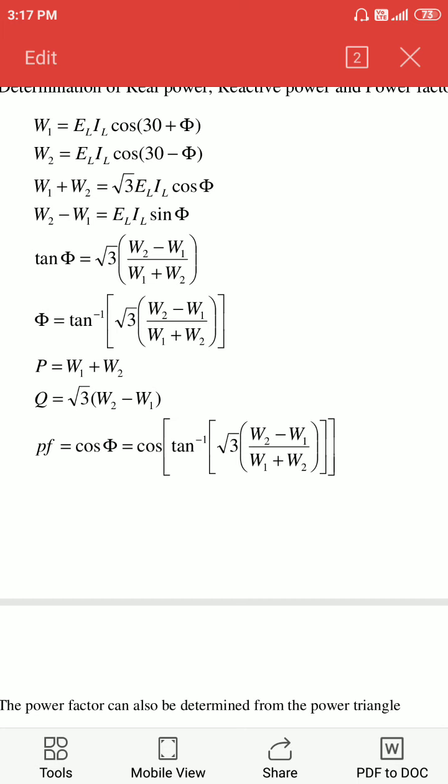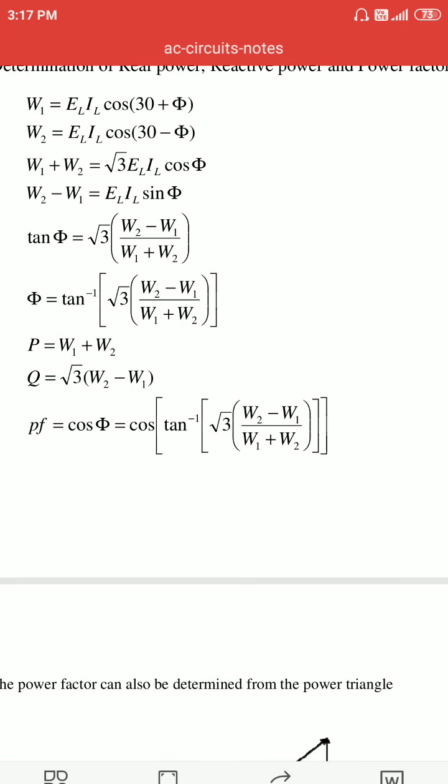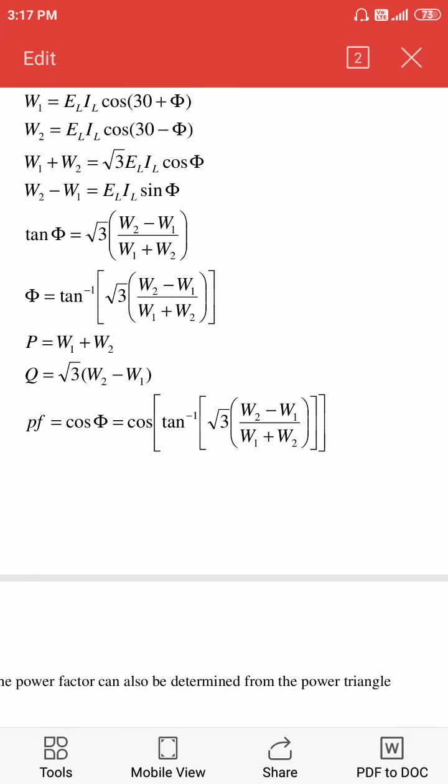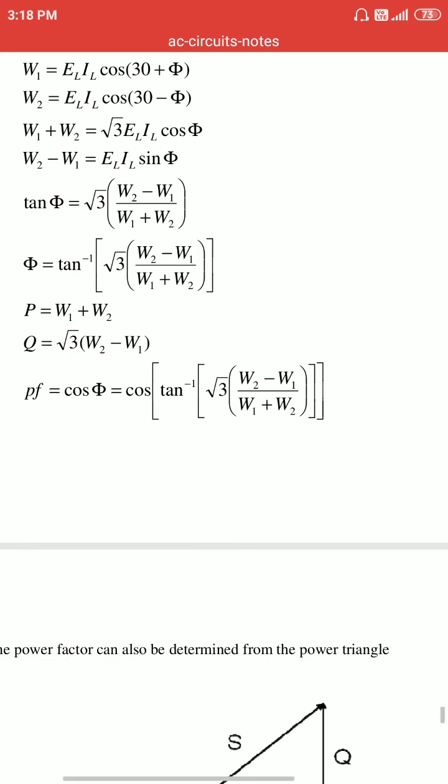So here tan phi is equal to root 3 times W2 minus W1 by W1 plus W2. From that we get the phi value. So the phase angle phi is equal to tan inverse of root 3 times W2 minus W1 by W1 plus W2.